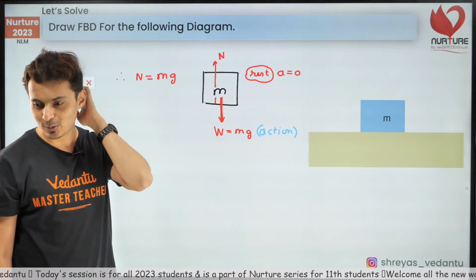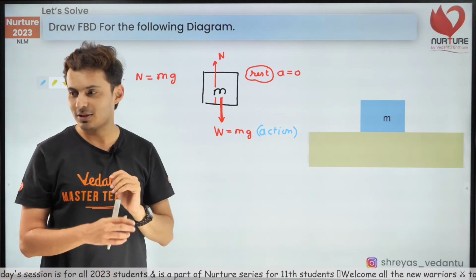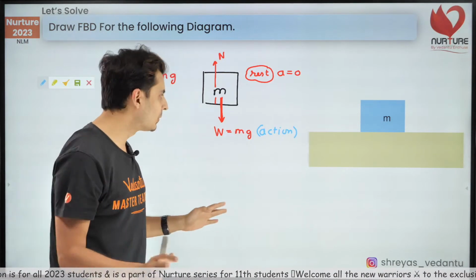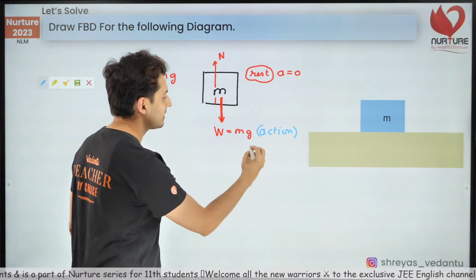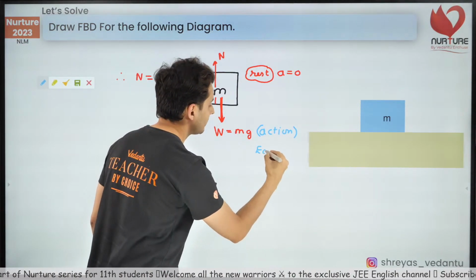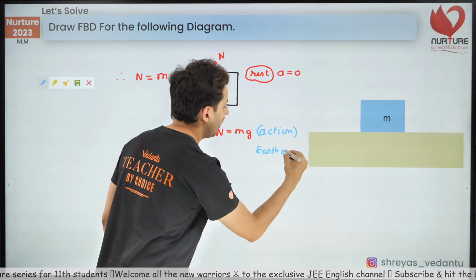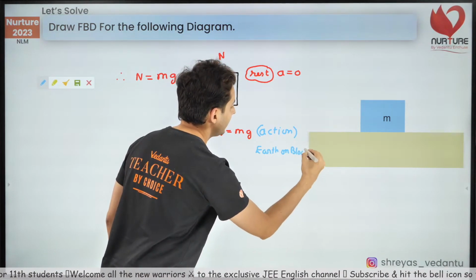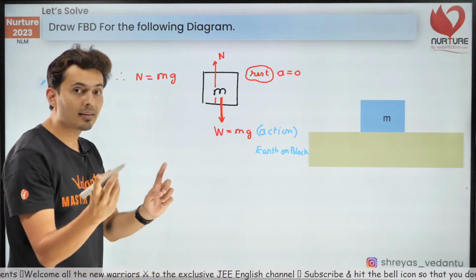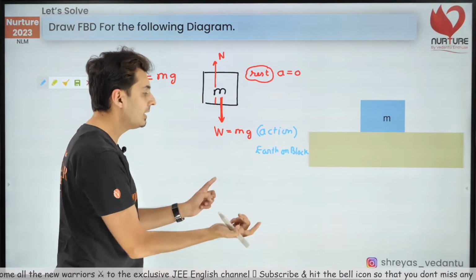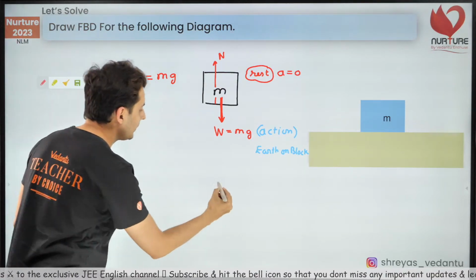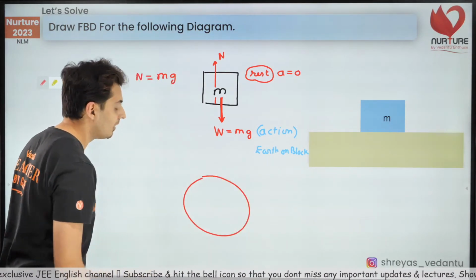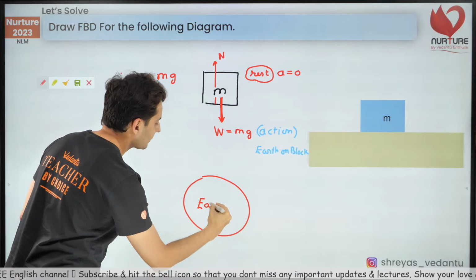Okay, surface, normal upwards. No guys, it's none of them. In fact, no. Who is applying this weight? Think about it. Earth on block, correct? Earth on the block. So the reaction will be on the earth by the block. So if one were to draw the free body diagram of the earth, this is earth.